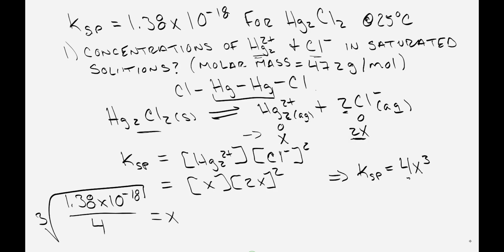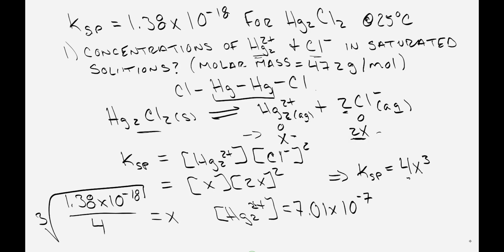So the value of x then, this solution here, is what the actual mercury content is, and then we can use that to find out what the chlorine ion concentration is. So I put that in my calculator, and I get that the concentration of my mercury 2+ equals 7.01 times 10 to the negative 7.